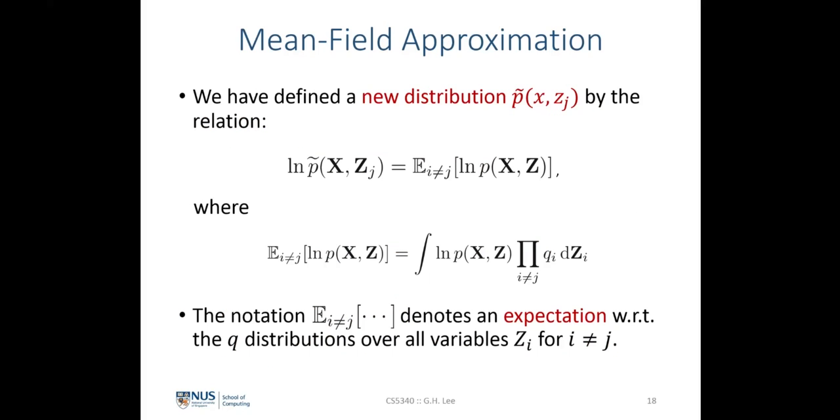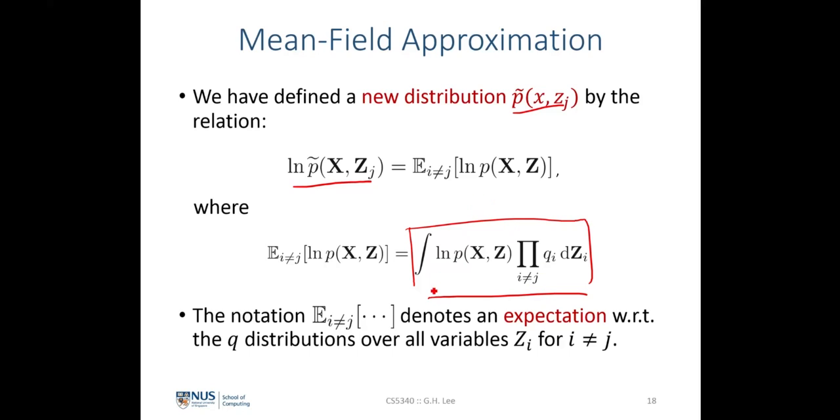So here we have defined a new expression earlier, where the log of this p tilde is simply equivalent to this expression, where we can see that this expression is nothing but the expectation of the complete log likelihood of x and z, evaluated on the joint probability distribution of the qi's, where i is not equal to j.